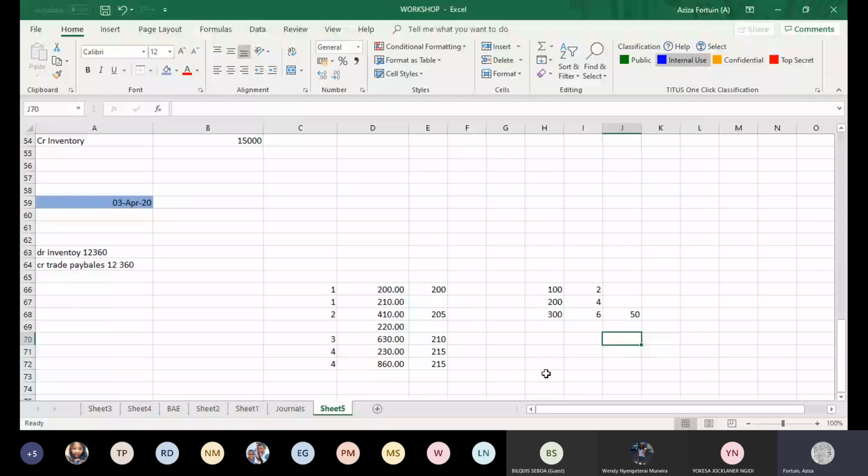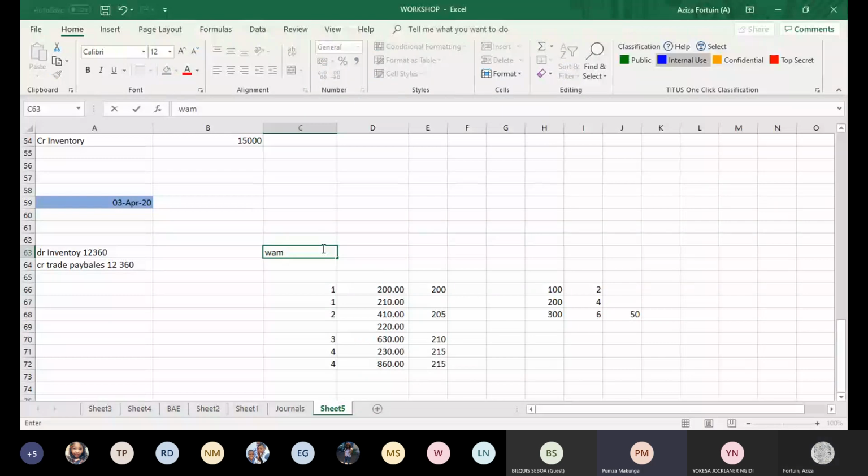Sorry, Aziza. Yes, why do we divide by 2? Because we have 2 dolls. Here we have 3 dolls, 3 items. Here we have 4 items, you will divide on a weighted average method. Same like the example.